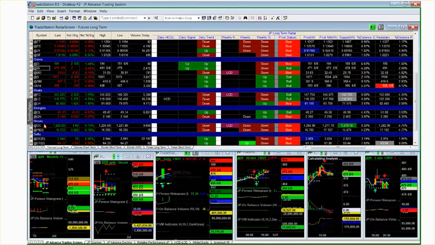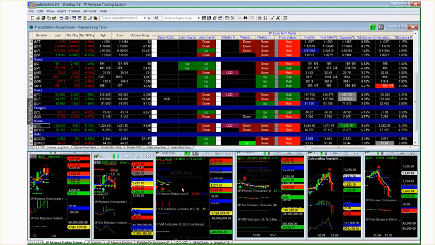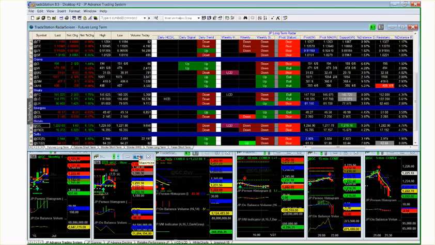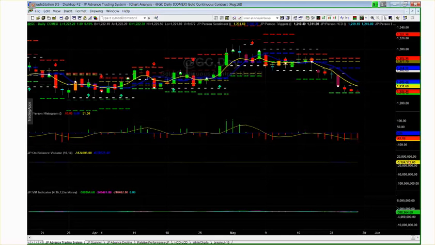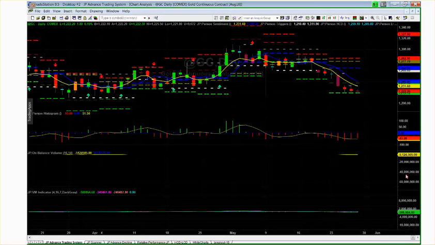Futures. Big comment on gold. I don't know what to say about gold. A weekly low close doji, bearish convergence on volume, and a low close doji on the daily.